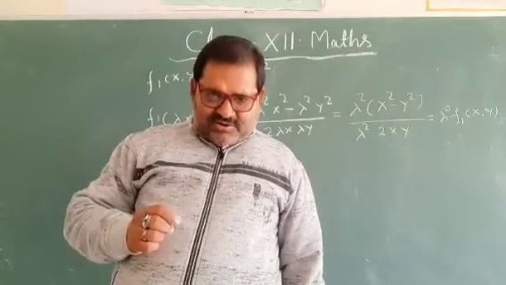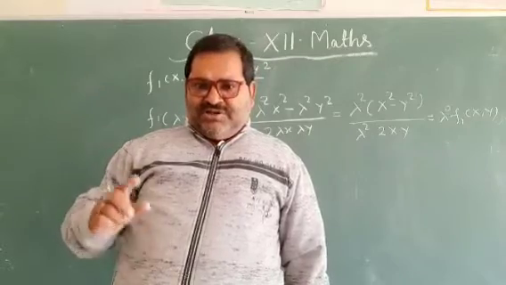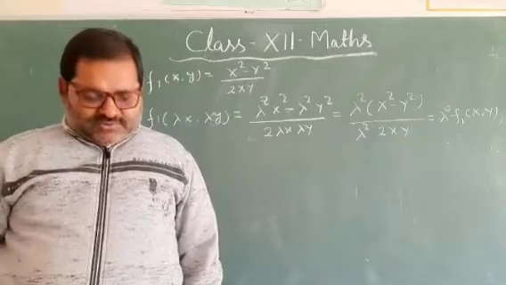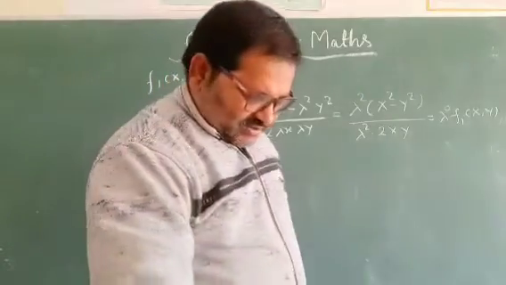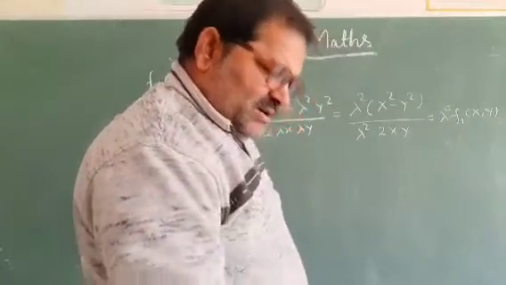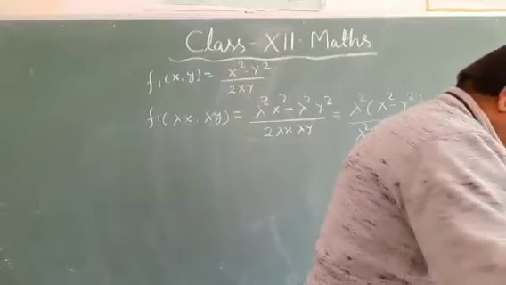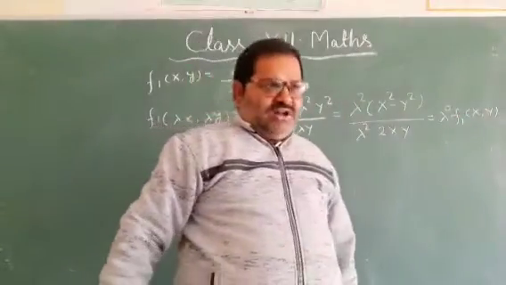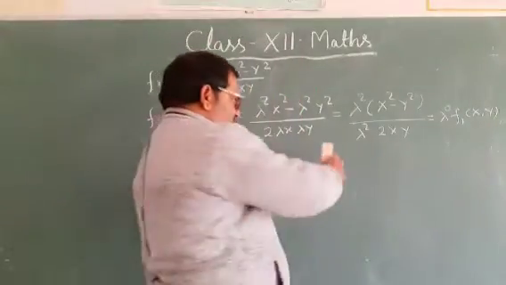Now let us consider the homogeneous differential equation. How to solve a homogeneous differential equation? Now we take another example to follow the instruction of solving the homogeneous differential equation.